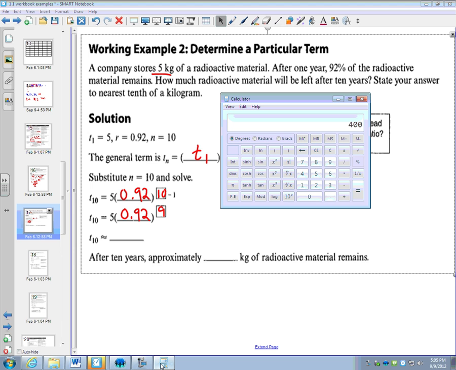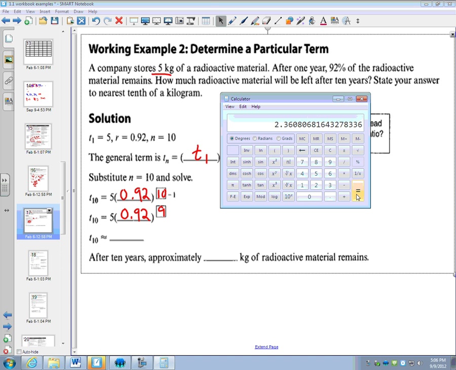We either have to use brackets or do order of operations. Some calculators let you put 5 bracket 0.92 bracket to the power of 9 and it gives the correct answer. Take a second to see if yours does that. If not, do the exponent first: 0.92 to the power of 9, then multiply by 5.